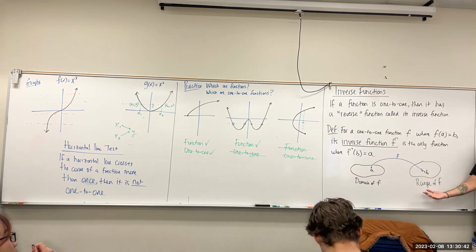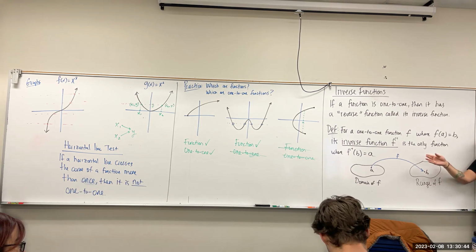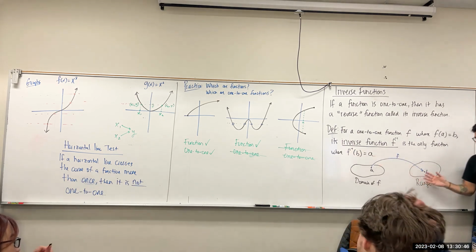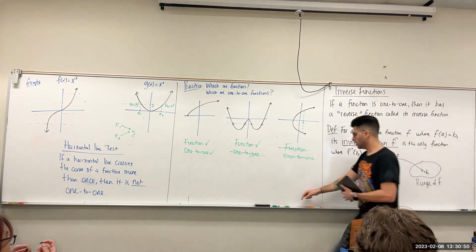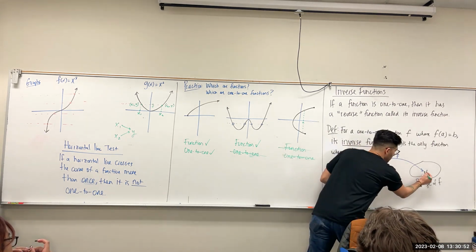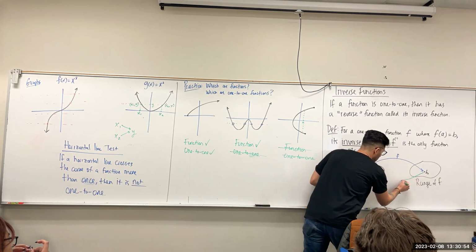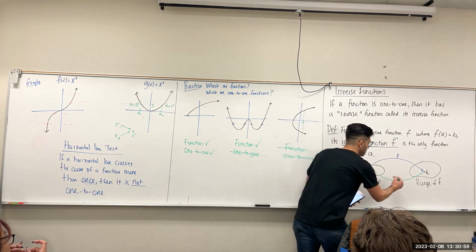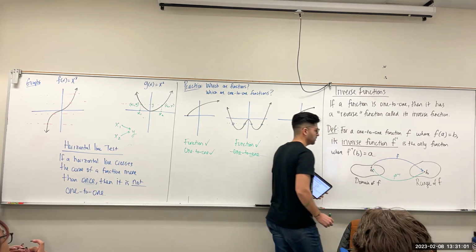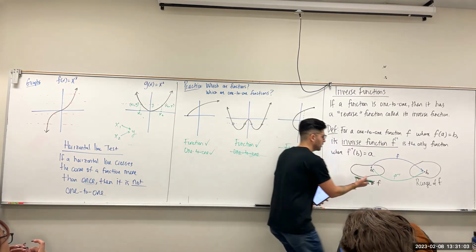In the range of F. So the things you plug into F are now going to be things that F outputs. And so when you plug those in there, it should spit it out and correspond it exactly back to where it came from. Okay? Like that.